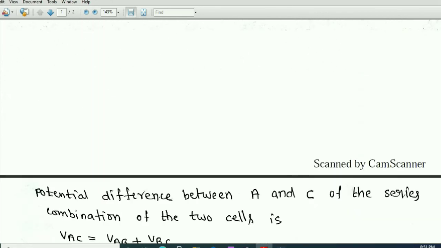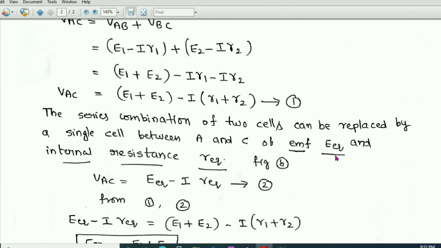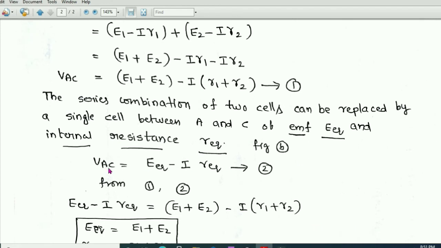Now if you apply the condition for the equivalent cell, VAC, the potential difference between A and C, is equal to E minus IR. According to that, E minus I into R, that is EEQ minus I into REQ. Now this is equation number 2. If you compare the two equations, VAC as it is, in place of EEQ we have in the first equation E1 plus E2, that is the equivalent EMF of the two cells.